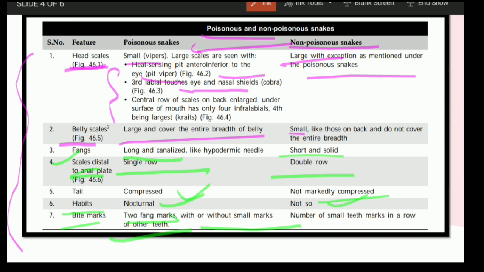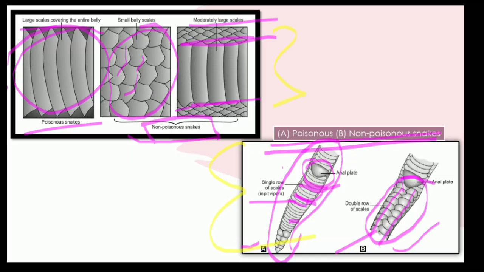It means the marks of other teeth might be found on the area where a person is bitten by the snake. In the case of a non-poisonous snake, a number of small teeth marks are visible in a row. Fangs are short and solid, which is why it might be possible that fangs are not visible in the bite mark of a non-poisonous snake.